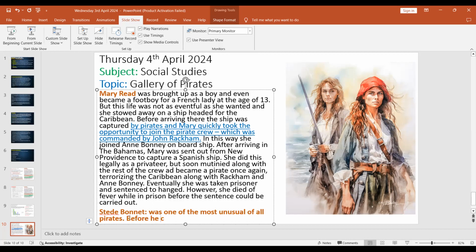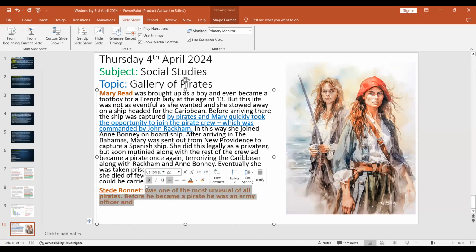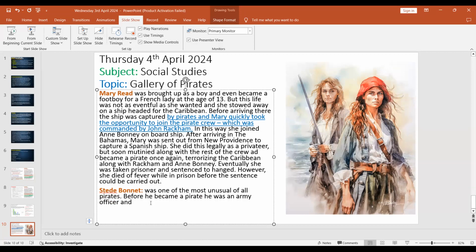Before he became a pirate, he was an army officer, but he never commanded a ship, right? And had never commanded a ship.